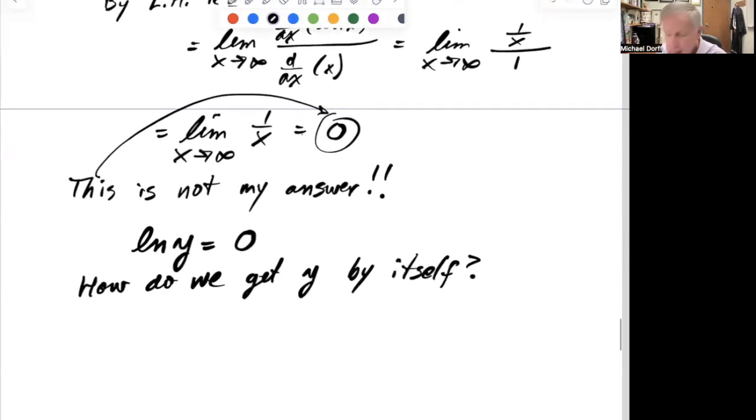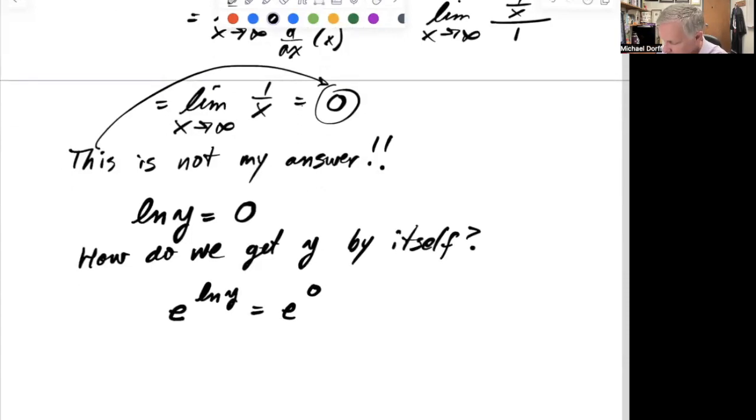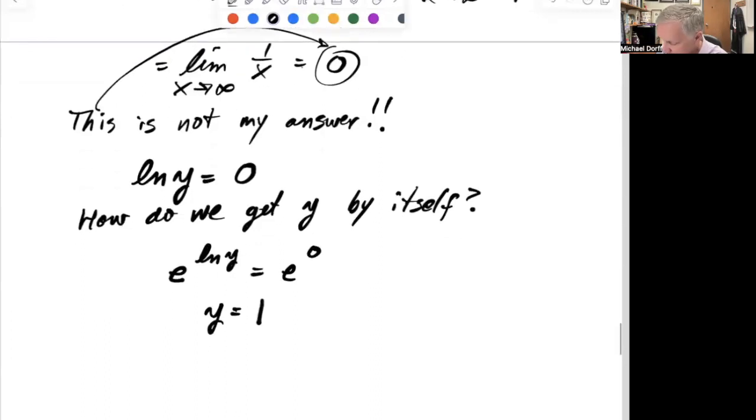Well, we put what's on the left side and the right side as the exponent to e. So we can do e to the natural log of y equals e to the 0. And when you do e to the natural log of y, you just get y. And on the right-hand side, you get 1. And so this is my answer, 1.